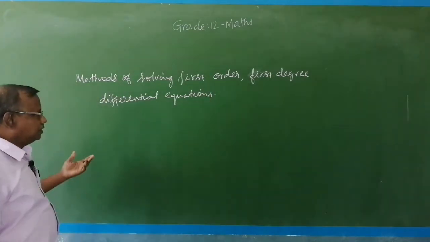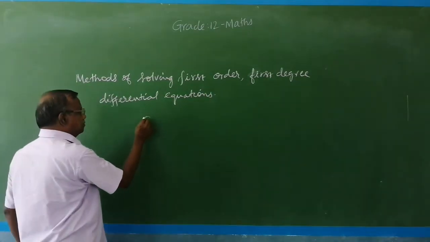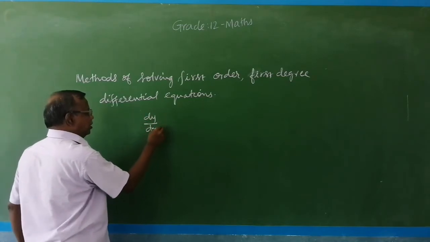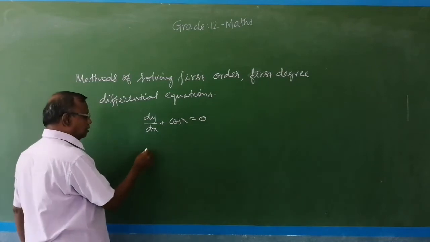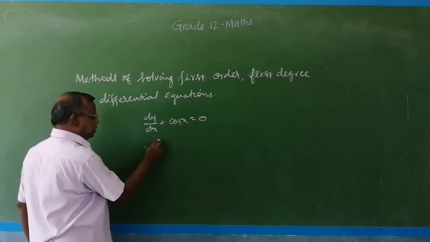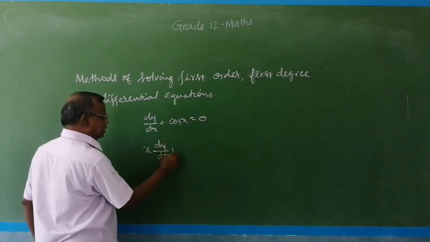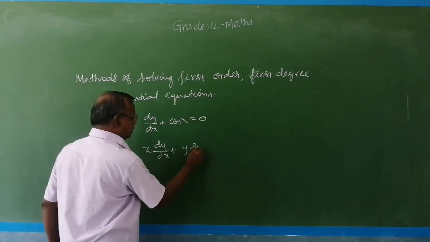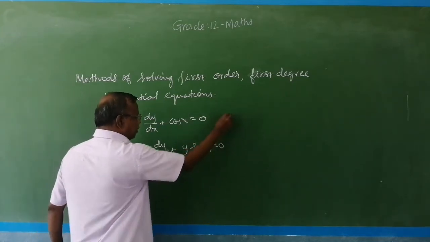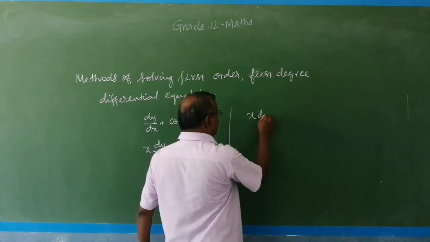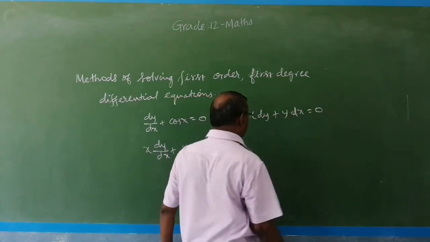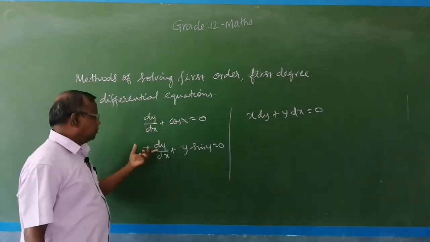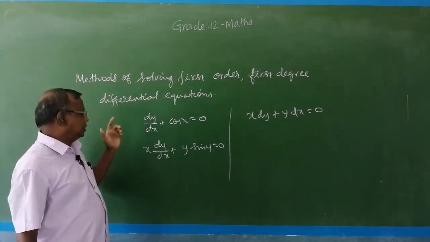So first order first degree means we have dy by dx something plus cos x equal to 0, or x into dy by dx plus y sin y equal to 0, or x dy plus y dx equal to 0. These are all some examples for first order first degree differential equations.